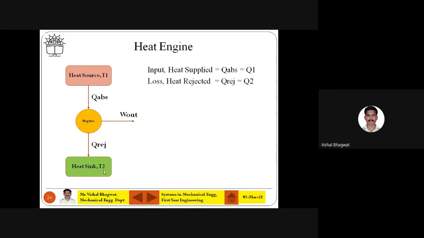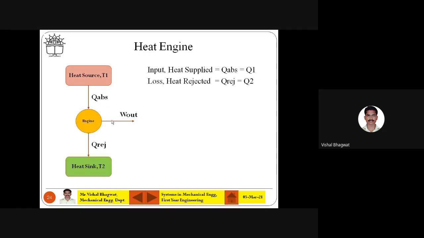So this is happening naturally, no? Heat is flowing from a high temperature body to a low temperature body. So it is a natural phenomenon. And when there is a natural phenomenon, you find the efficiency. The performance of this machine can be measured in terms of efficiency. Why?